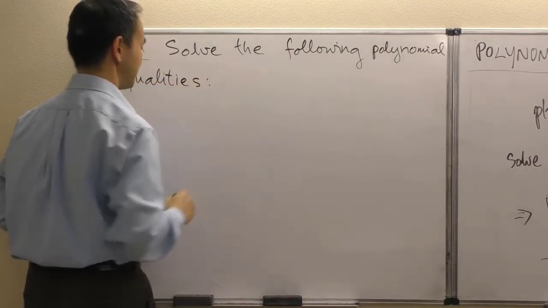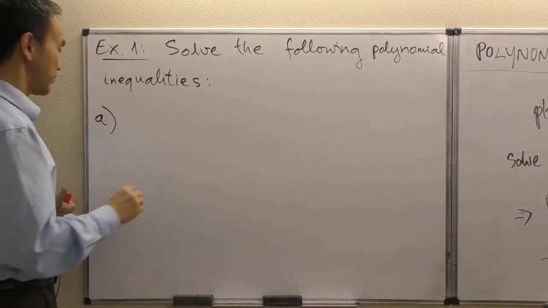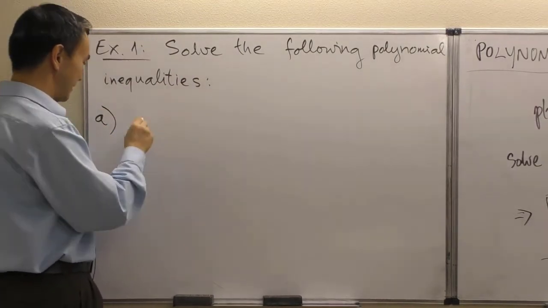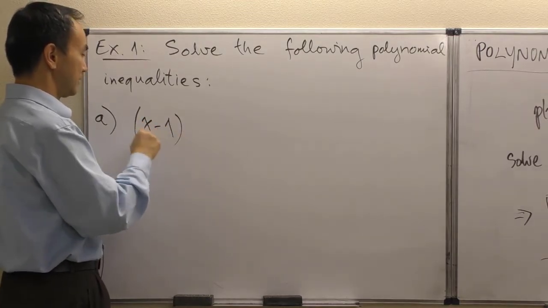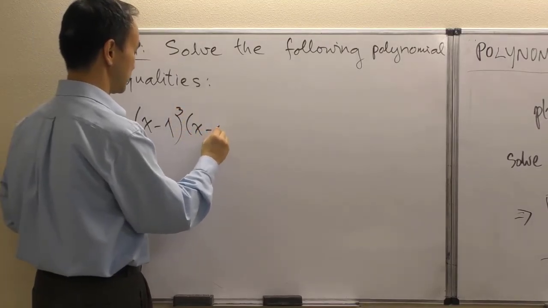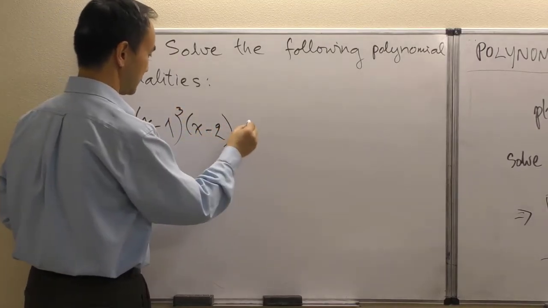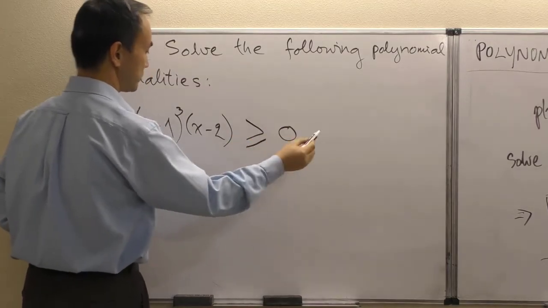The first one given here: x minus 1 all cubed times x minus 2, greater than or equal to 0.